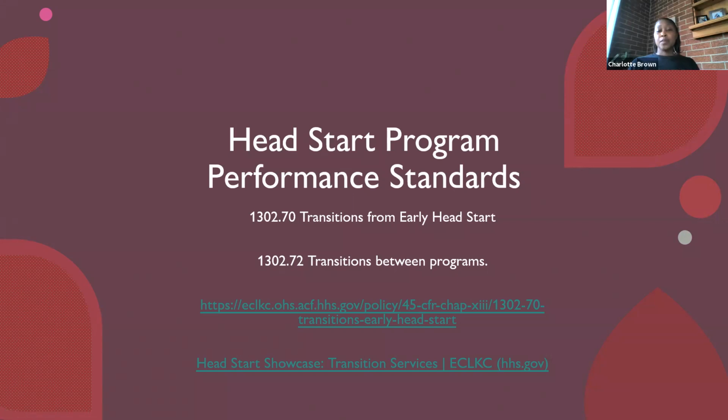So why is it important? Why do we need to do a transition plan? According to the Head Start performance standards, when a child is transitioning from Early Head Start, a program must implement strategies and practices to support successful transitions for children and their families.